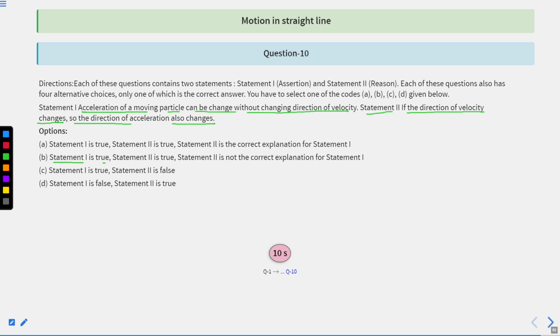Option B: statement first is true, statement 2 is true, but statement 2 is not the correct explanation. Option C: statement first is true, statement 2 is false. Last option: statement first is false and statement 2 is true. Which one is correct? You have 10 seconds to solve this question. After that, we will provide the solution.